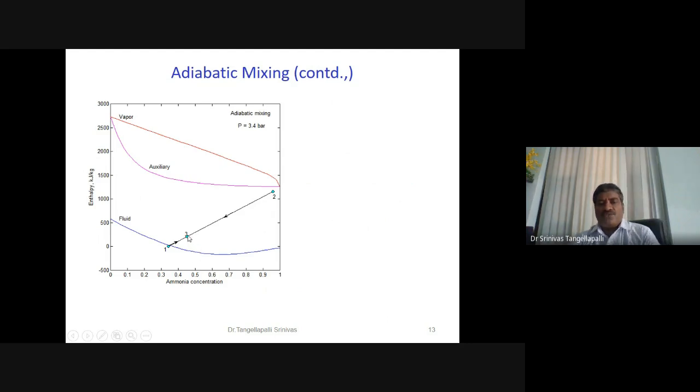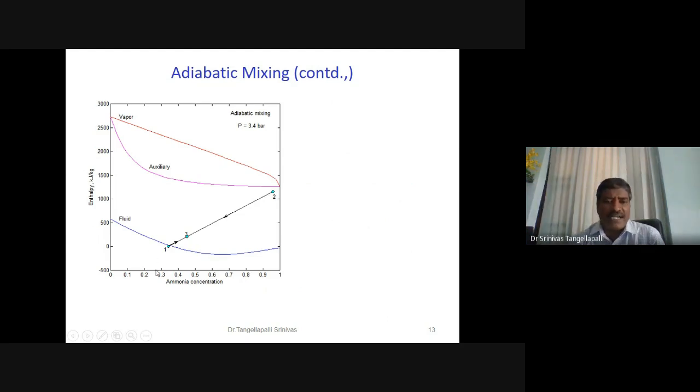One thing I want to show between the separation and mixing processes: after separation you have completely saturated liquid and saturated vapor. But in mixing, we can't say that. Before mixing there is freedom. Stream 1 may be subcooled liquid, saturated liquid, a liquid-vapor mixture, saturated vapor or superheated vapor, and stream 2 also may be any of these.